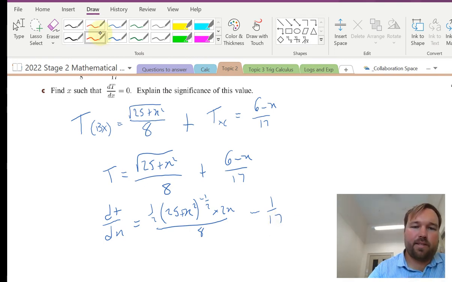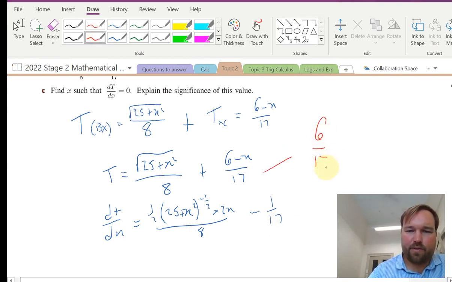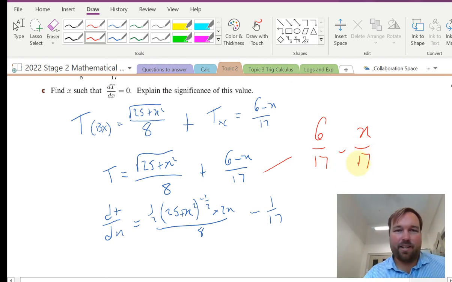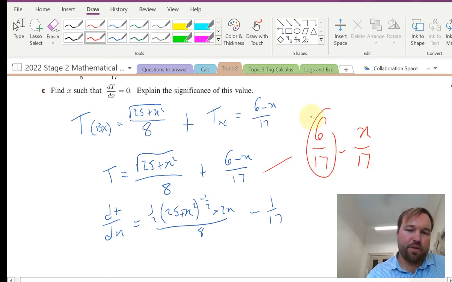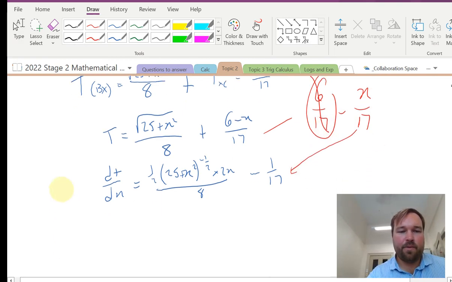I would think of this as 6 on 17 minus x on 17. You can split it like that in a fraction. When you differentiate the first one, it disappears. When you differentiate that, it turns into the minus 1 on 17. Alright?